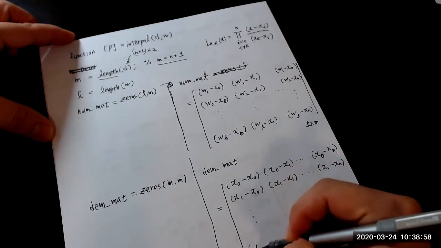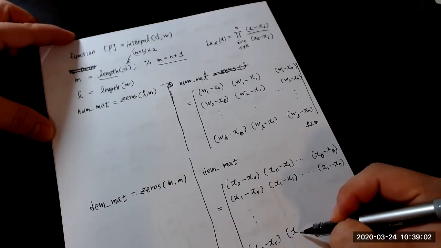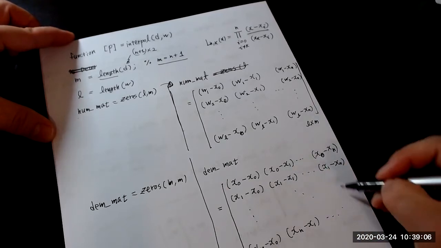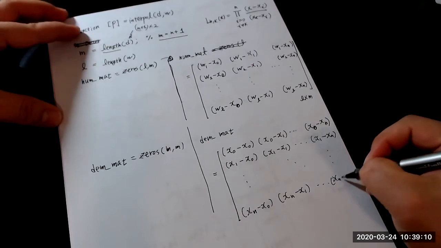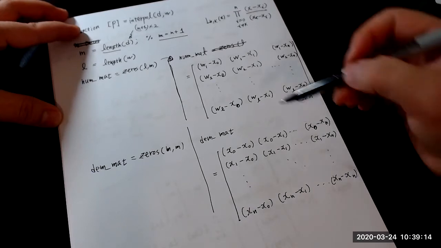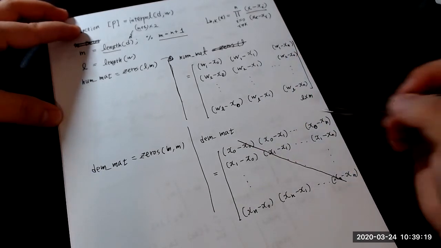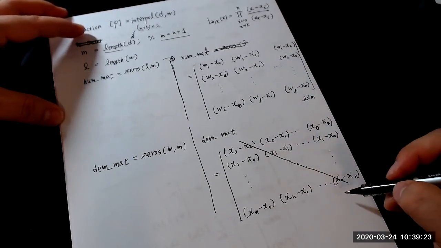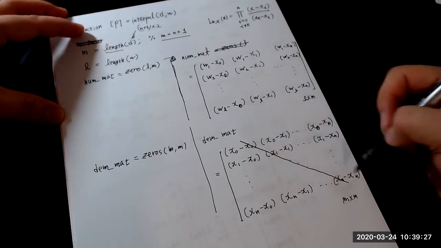And the last row is xn minus x0, xn minus x1, through xn minus xn. So as you can see, the diagonal entries are going to be 0. In DEM MAT, the matrix size is going to be m by m, and all the diagonal entries are 0.